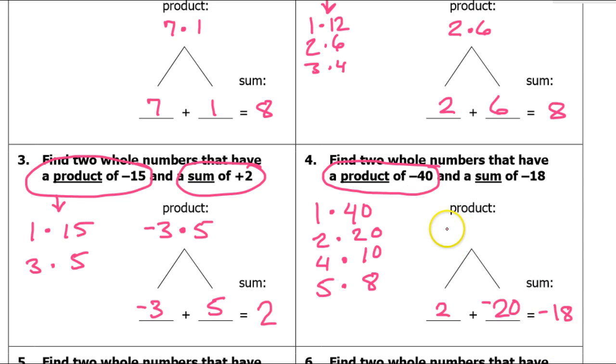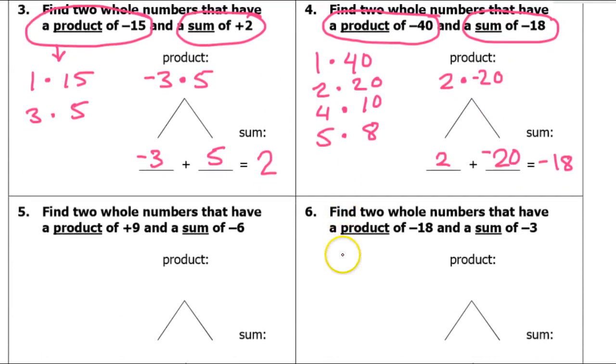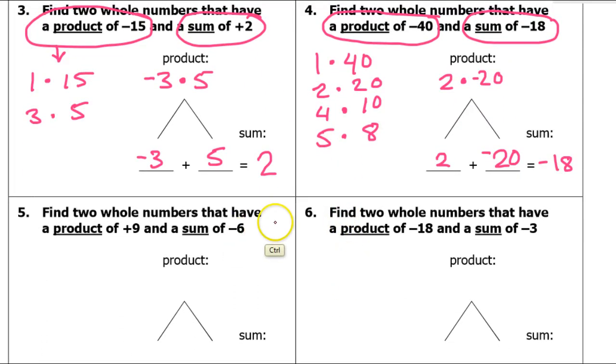All right, so 2 times negative 20 will give me the negative 40. So I have the product of negative 40, and I have a sum of negative 18. All right, this little process is going to be crucial to factoring on another video.